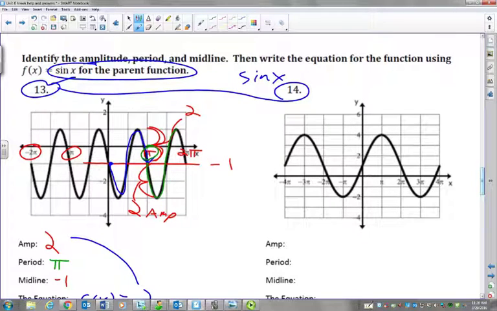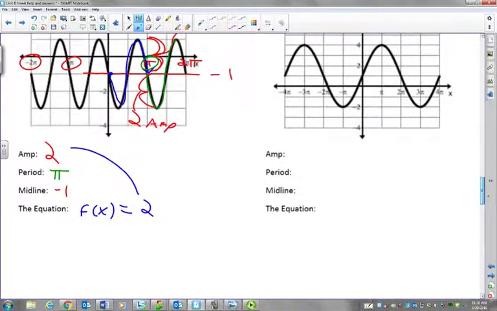So that's the parent function we're going to use for this. So 2 sine, then I am going to put a parentheses with the x there and a blank, because that's kind of the hardest one to find. Using the period, we'll find that b value. And then you got to put your midline. So your midline goes at the end, so -1. Cool. So now we just need to find our b value, and then we're done.